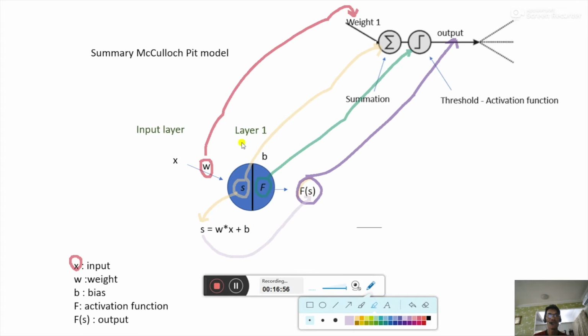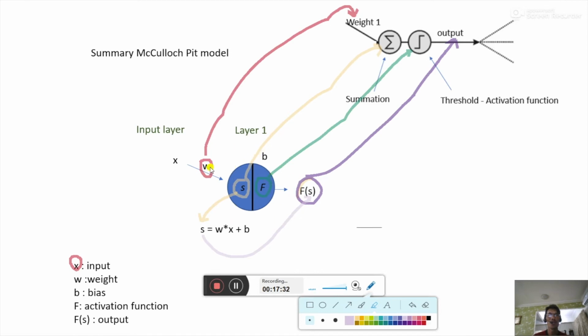Here, X is the input and this is a neuron. This is the nucleus, the soma, where the summation happens. The synapse is basically the combination of W, B, and F. You can play around with B, W, and F. If you change F, it changes the value.